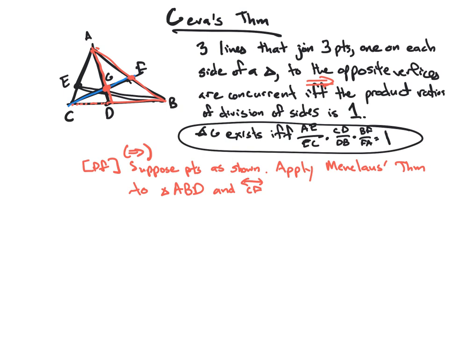So by Menelaus' theorem, if we take AG over GD, and then DC over CB and BF over FA, that has to equal -1.